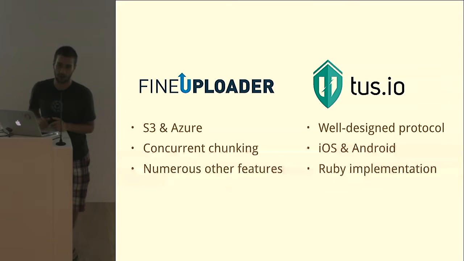Because TUS.io is a generic protocol, in addition to the JavaScript implementation, it also has iOS and Android implementations, so it's just something that anyone can implement. You can even implement resumable uploads in Ruby. You can make a Ruby script which uses the same protocol, which can be useful. And TUS.io is the only one that currently has a Ruby implementation.